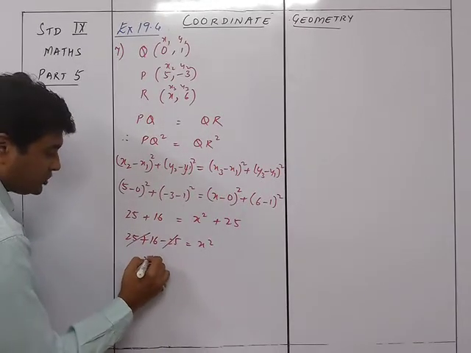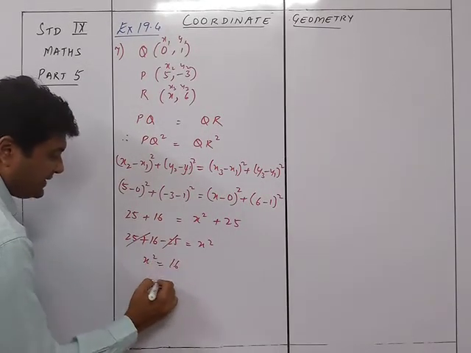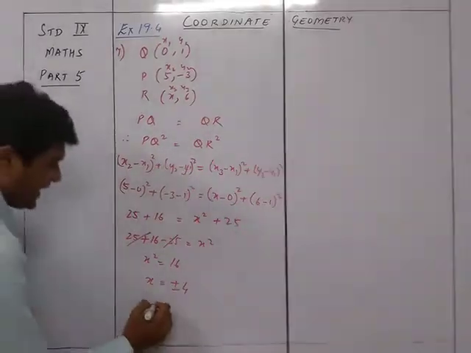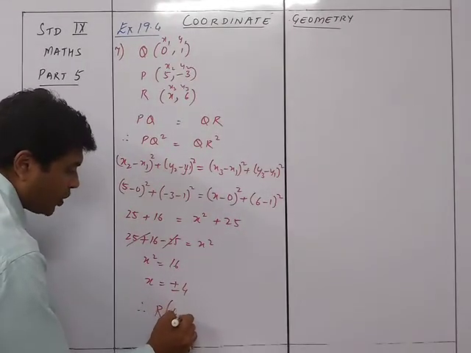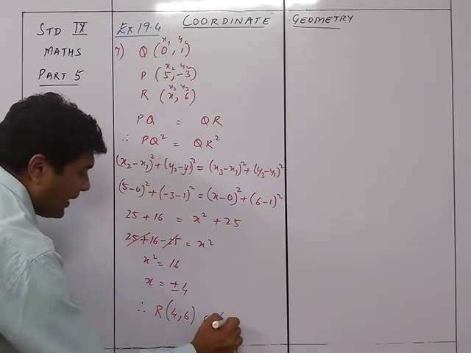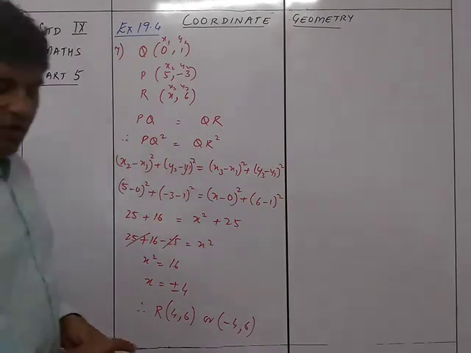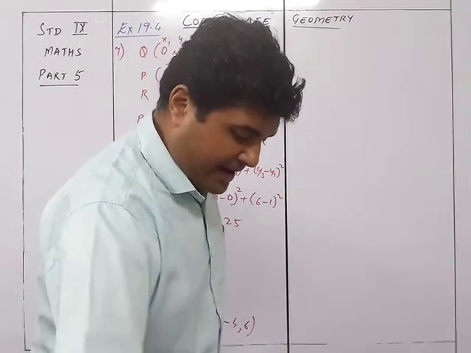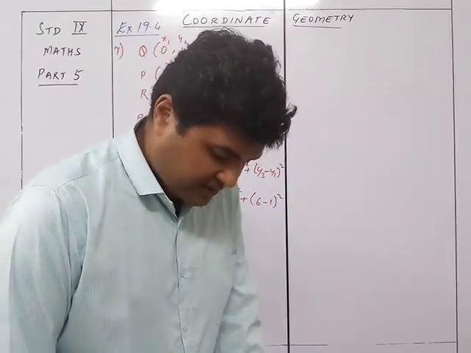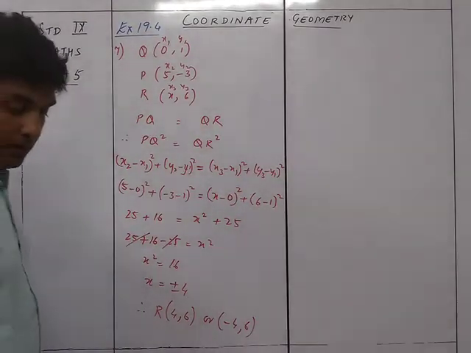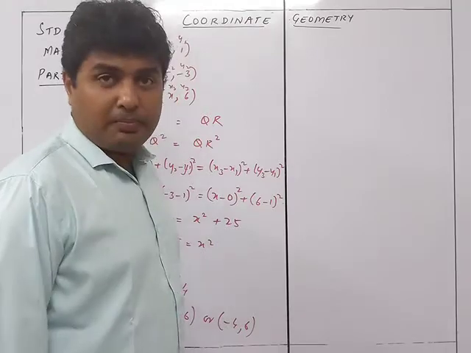So x square is equal to 16. x is equal to plus or minus 4. Therefore, we can say R is (4, 6) or (-4, 6). So the value of x will be plus or minus 4. That was sum number 7, plus or minus 4. Next, sum number 9.